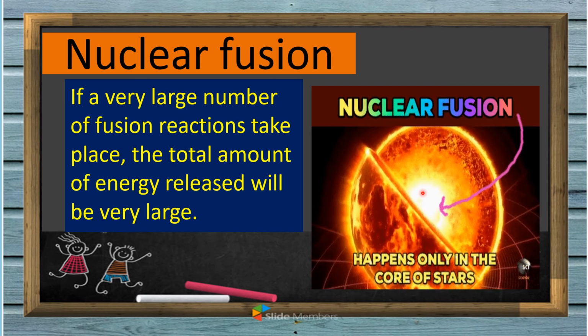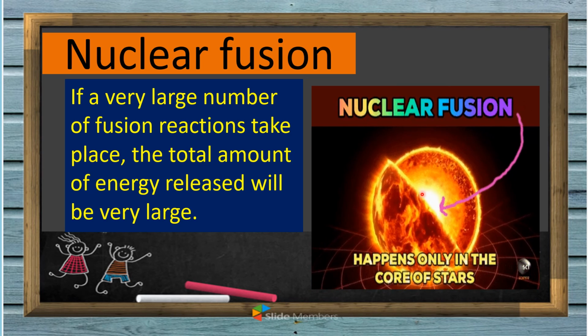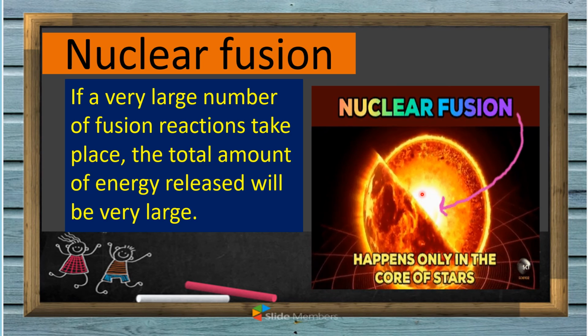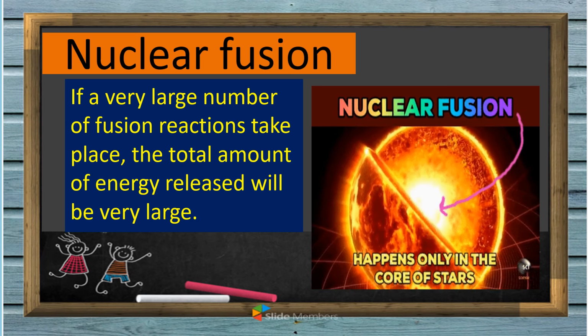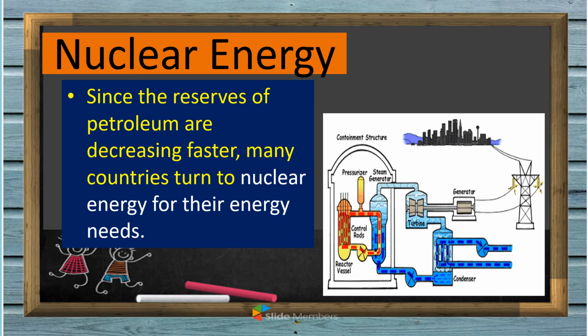It is because nuclear fusion needs hundreds of millions of degrees Celsius in order to fuse. What do you think is the reason why we have what we call nuclear power plants like this? Since the reserves of petroleum are decreasing faster, many countries turn to nuclear energy for their energy needs.